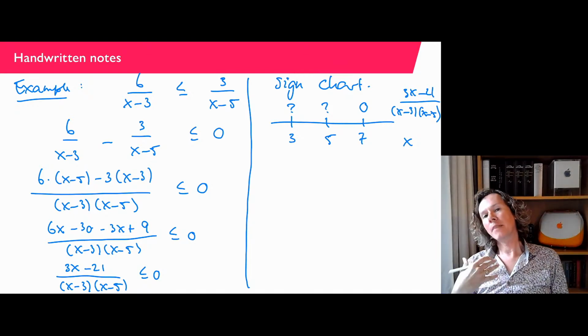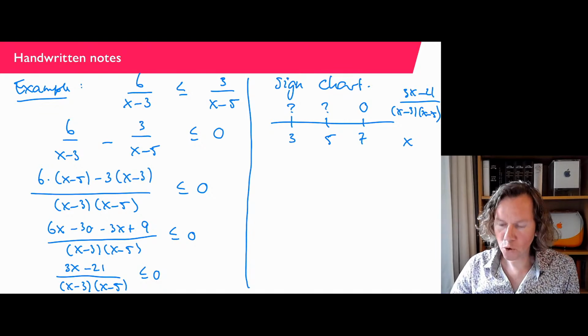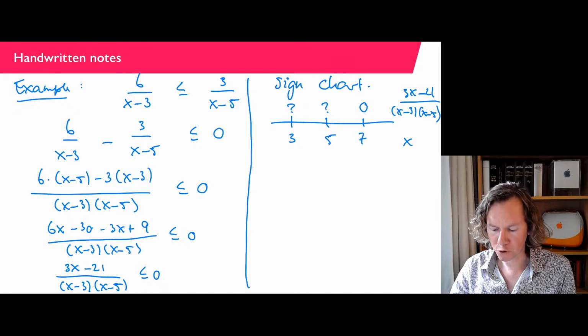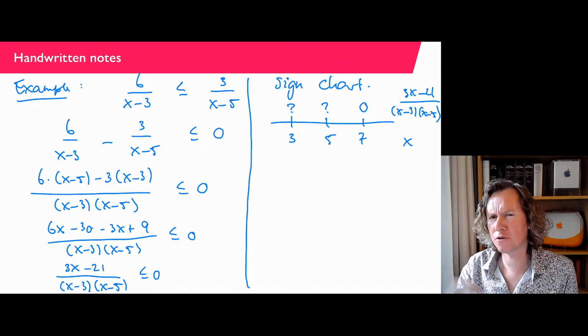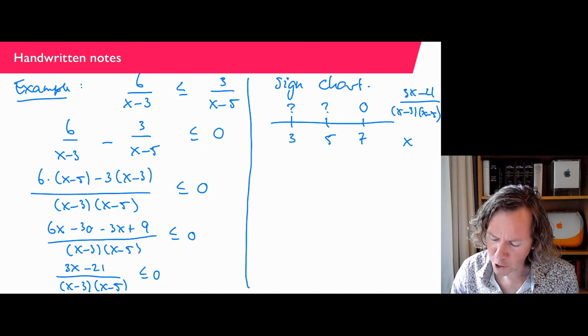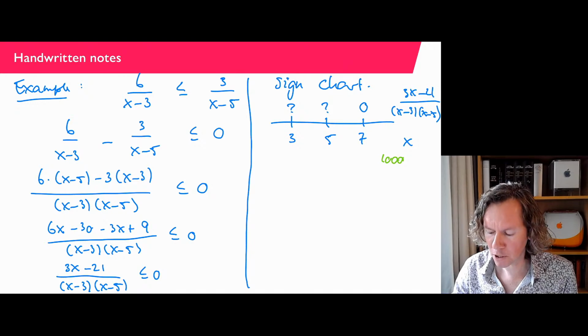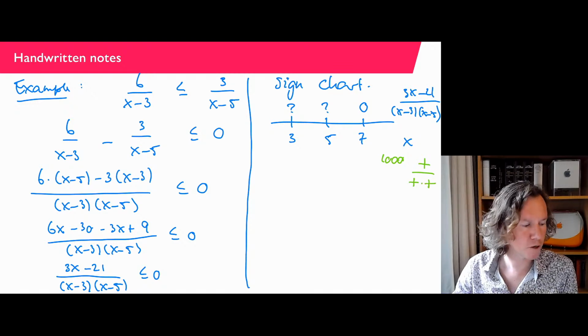Now, to find the plus and minus, we're going to work like before. To the right of 7, I'm not going to write the test values in the chart, but let's write them below, because normally you do them on scratch paper. So here I pick 1000. Why 1000? Because I immediately see that I get plus over plus times plus, so the whole thing is going to be plus.